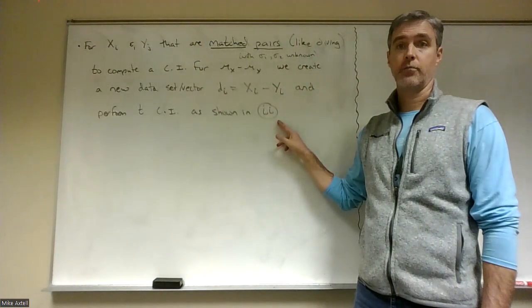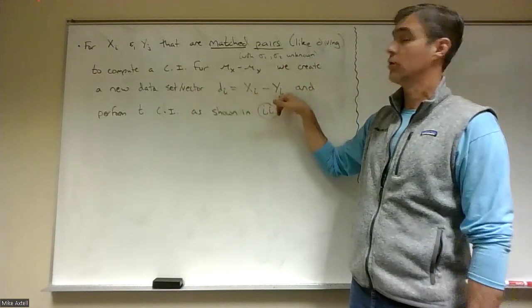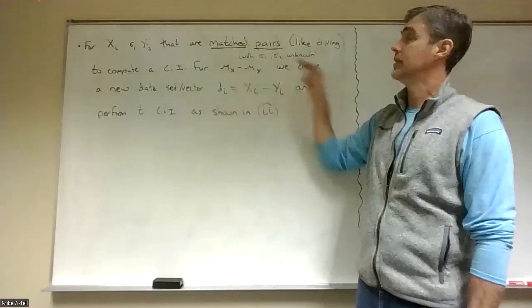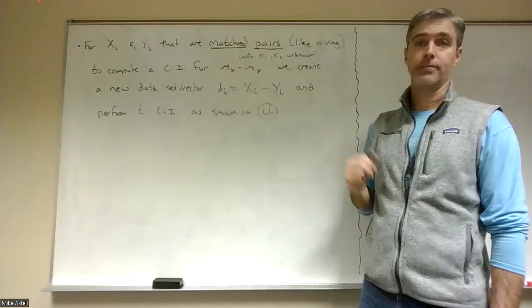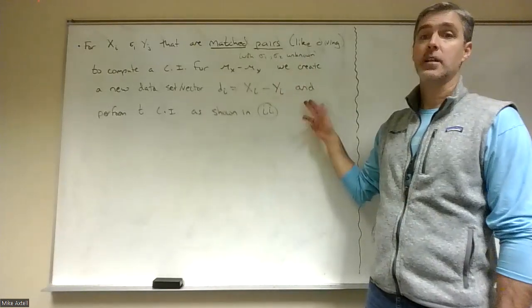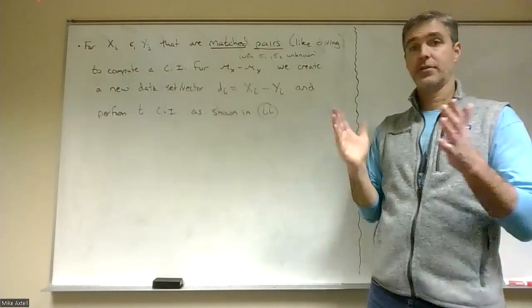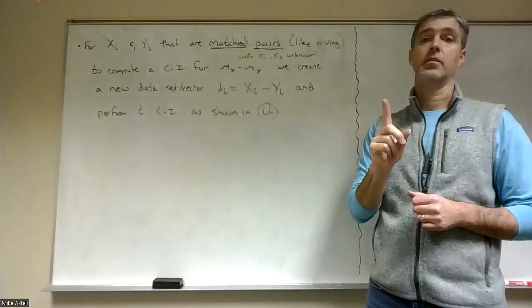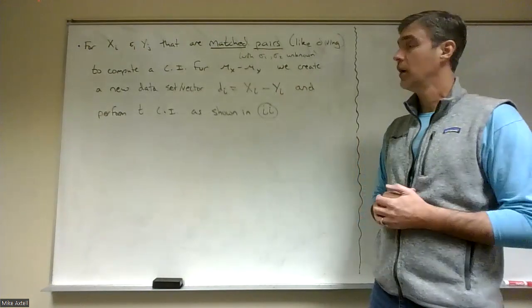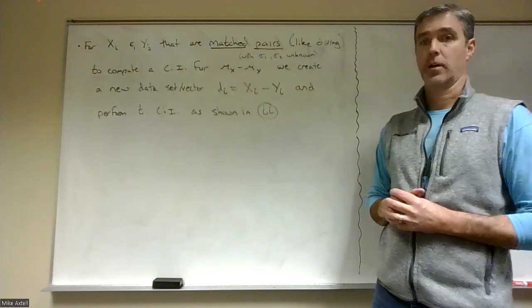That was where the data was normally distributed. A difference of normals is still normal, where I didn't know my variance or my standard deviation, okay? And that's basically what we did in an earlier chapter when I had paired data, I created a single data set out of it. Okay, so next section will be 7.2, and we'll talk about general confidence intervals.